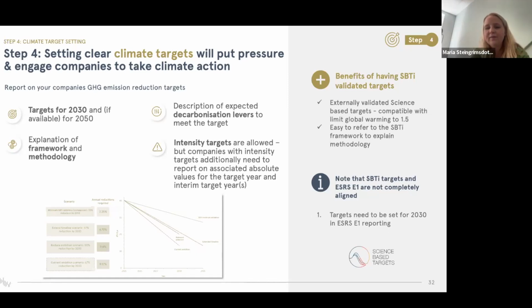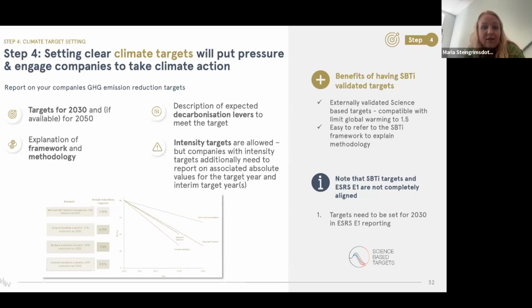It will, for example, make the explanation of the framework and methodology behind the targets, and also how the targets are compatible with the Paris Agreement of limiting global warming to 1.5 degrees, much easier as it is an external, very scientifically known standard.